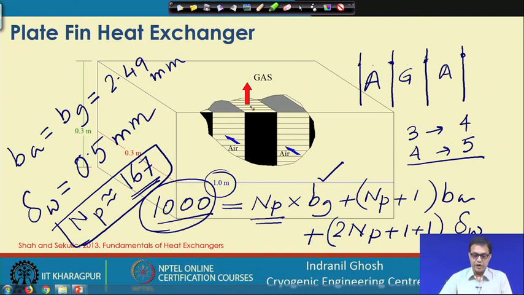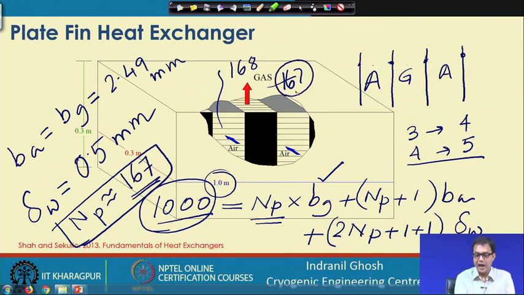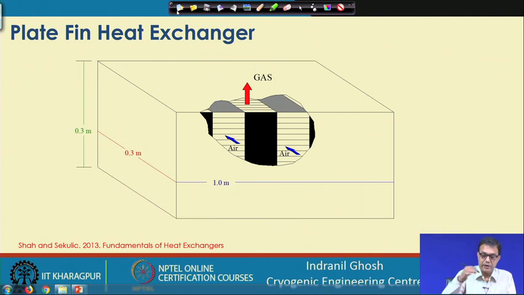So, now we can understand that we have 168 such air passages and 167 gas passages arranged in cross flow pattern, and we now have to go to the next estimation. What we are looking for is basically the overall UA.